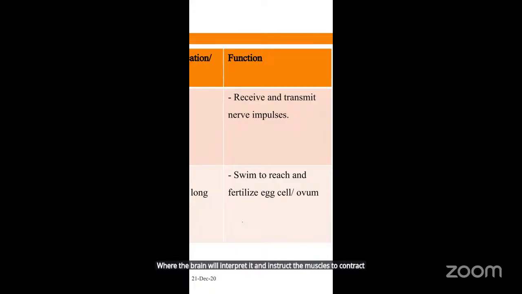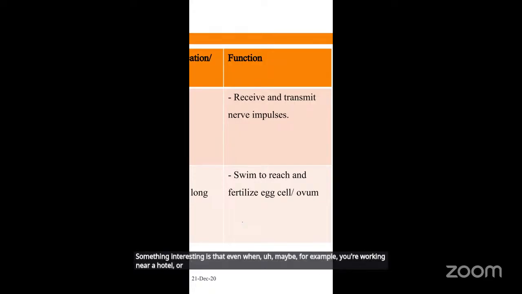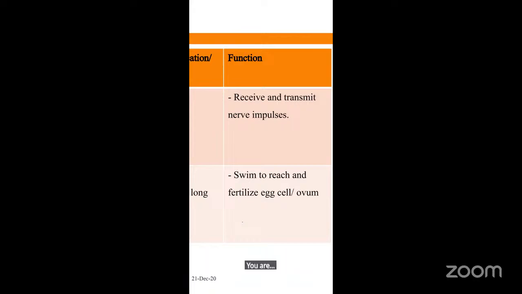Okay. Something interesting is that even when, for example, you're working near a hotel, or near a house where they have decided to cook some very sweet food, the cells in your nose will start detecting that sweet aroma of food.